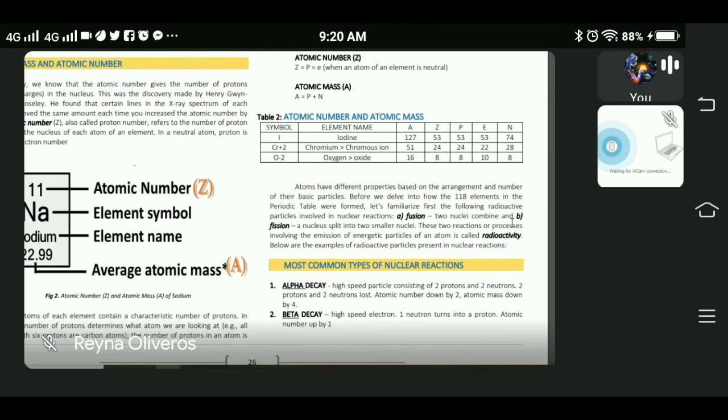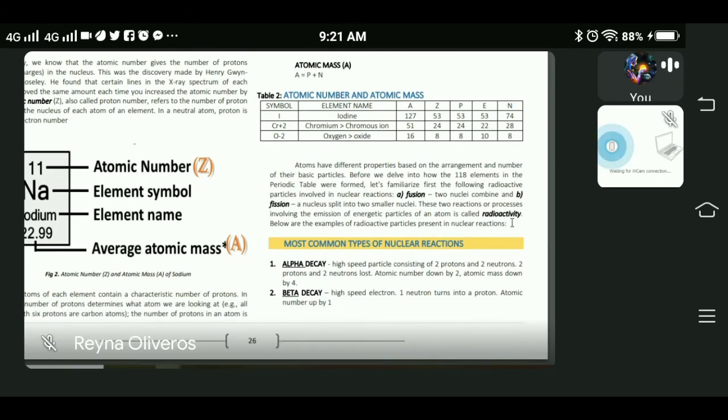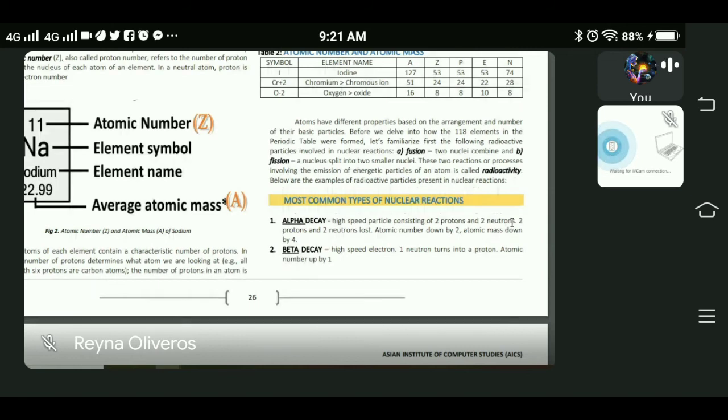So here are the most common types of nuclear reaction. We will proceed now with the most common types of nuclear reaction, which is number 1, the alpha decay. Okay?